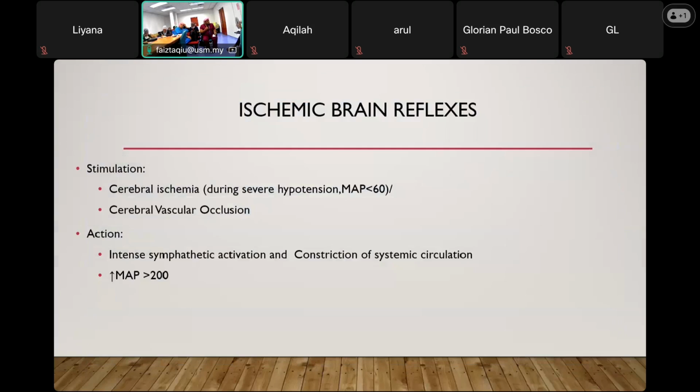Suddenly you get this central ischemic response. At which point does it start to get triggered? How bad is the hemorrhage? Must be very bad, right? So what MAP usually? MAP less than 60. Less than 50, approximately 50. So at approximately less than 50, it triggers this central ischemic response.